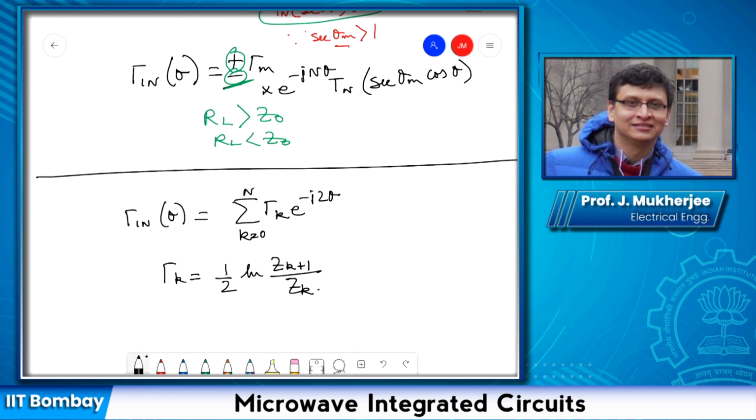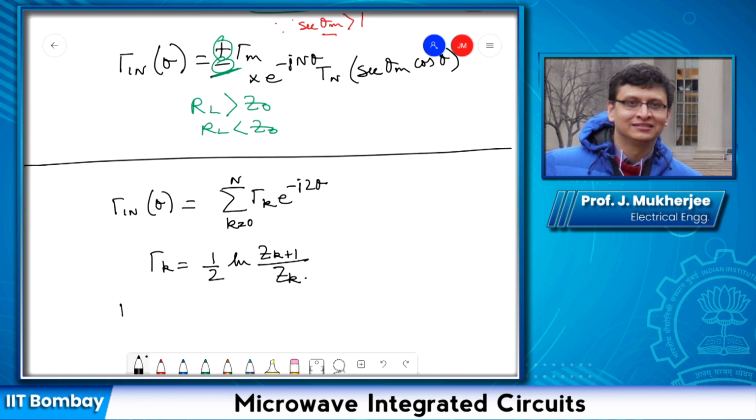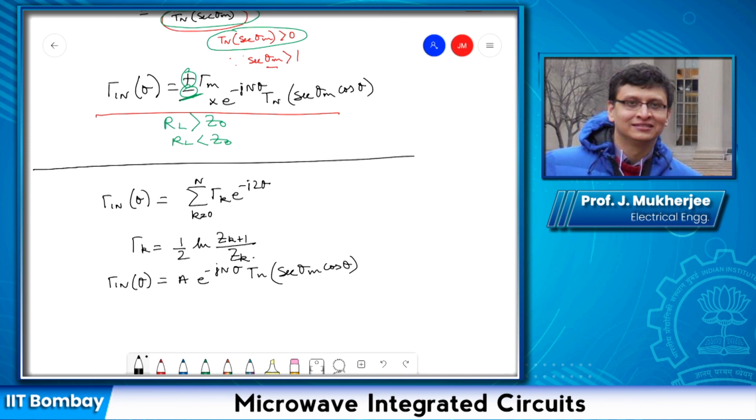On the other hand, we also have our gamma in theta, which is this equation. I'm just rewriting that equation. Here I have to obtain the expression for this theta m of this prototype function first.